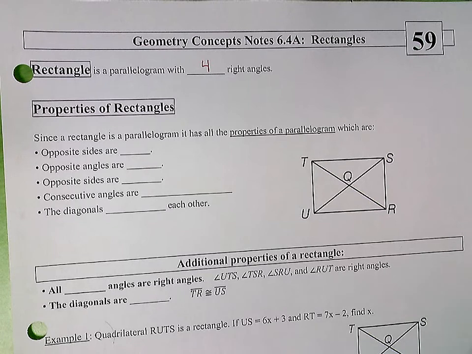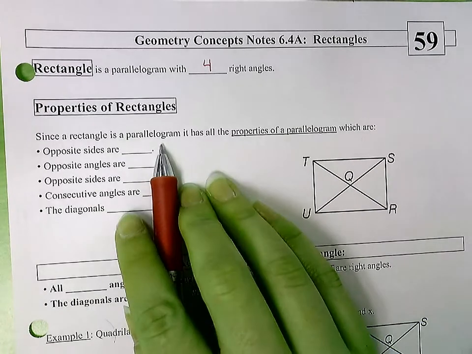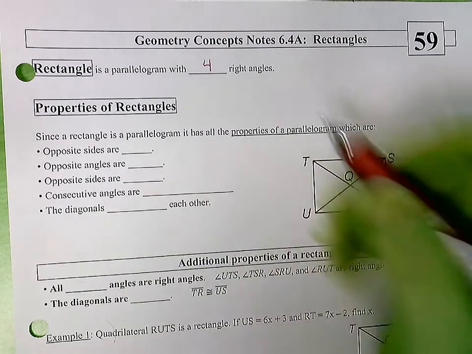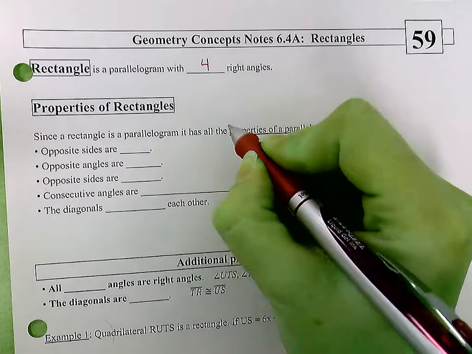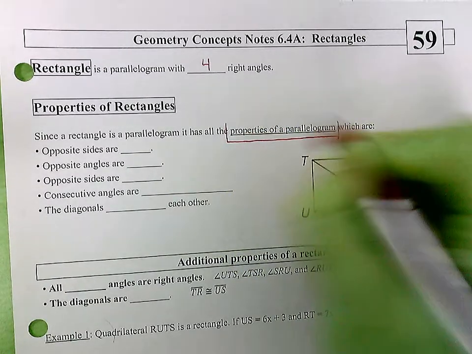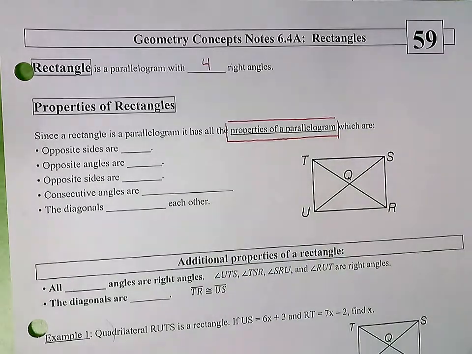The properties of rectangles. Since a rectangle is a parallelogram, it has all of the properties of a parallelogram. So all of those properties that we discussed for parallelograms are true for rectangles as well.